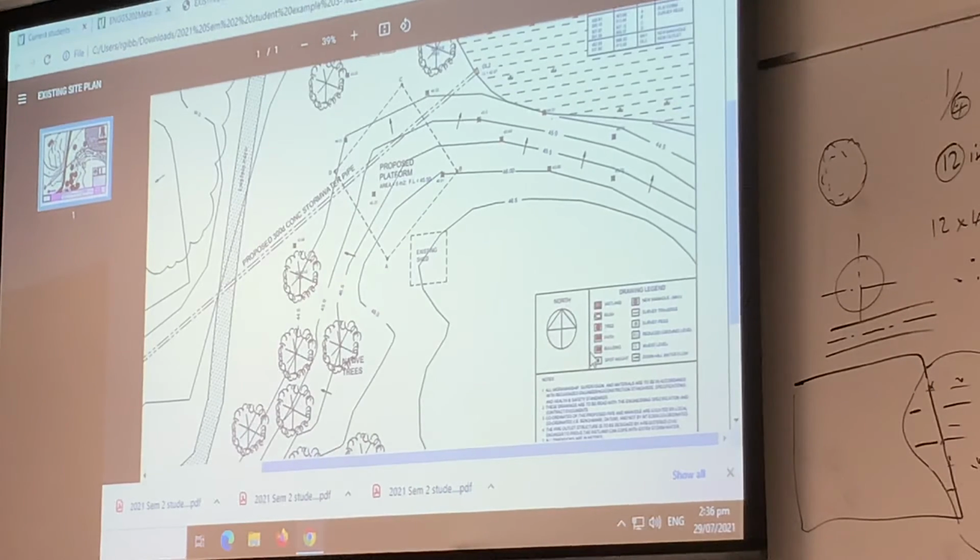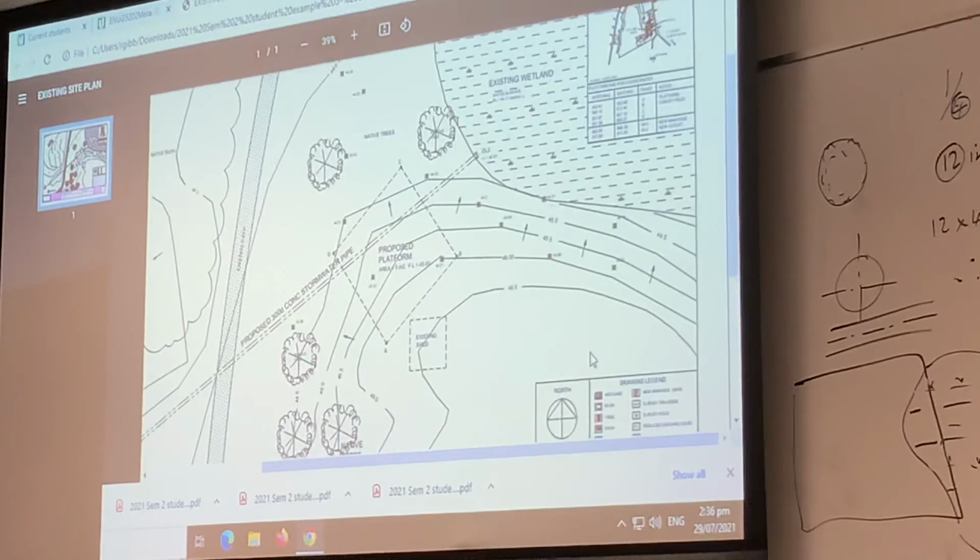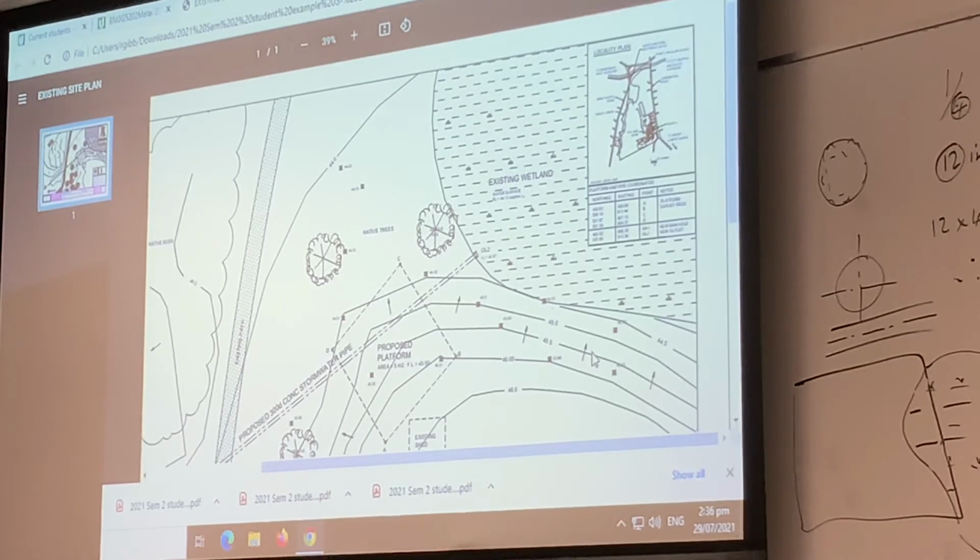These arrows, they are water flow arrows. I will teach you about those in about week 5 or 6, okay? So you don't have to worry about that. Don't worry, I'll stick it in your brain about week 4 or 5. Okay, but we have to identify them somehow. Water flow arrows. You will have to do it for the proposed site plan, assignment 2.